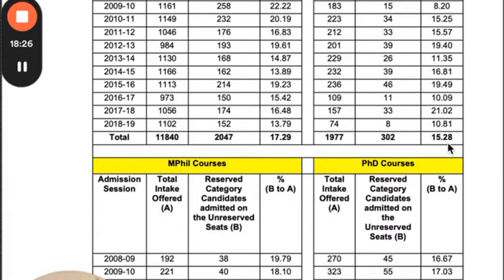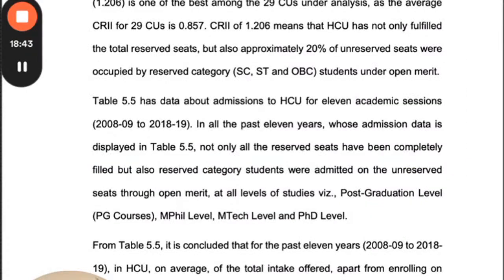In MTech, they got 15.28% on own merit. They did not use reservation. In MPhil courses, 12.49% got these seats on their own merit. In PhD courses, 17.99% of students got in on their own merit. Now, roughly, if you take 16.72% of the SC/STs and OBCs who got in on their own merit, a total of 66.22% SC/STs were able to secure seats in the universities, which is actually nearing their population.